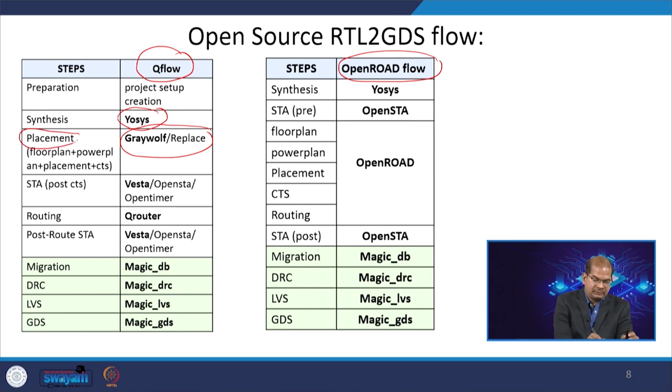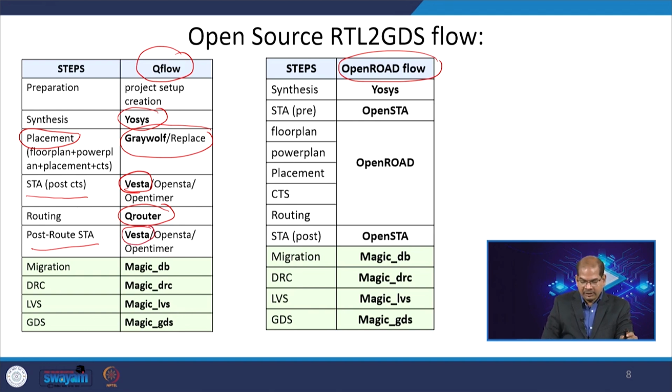Placement steps include floor plan, power plan, placement plus CTS. In case of Qflow, for static timing analysis the tool Vesta is used, and for routing we have QRouter, and for post route STA, Vesta is also used.